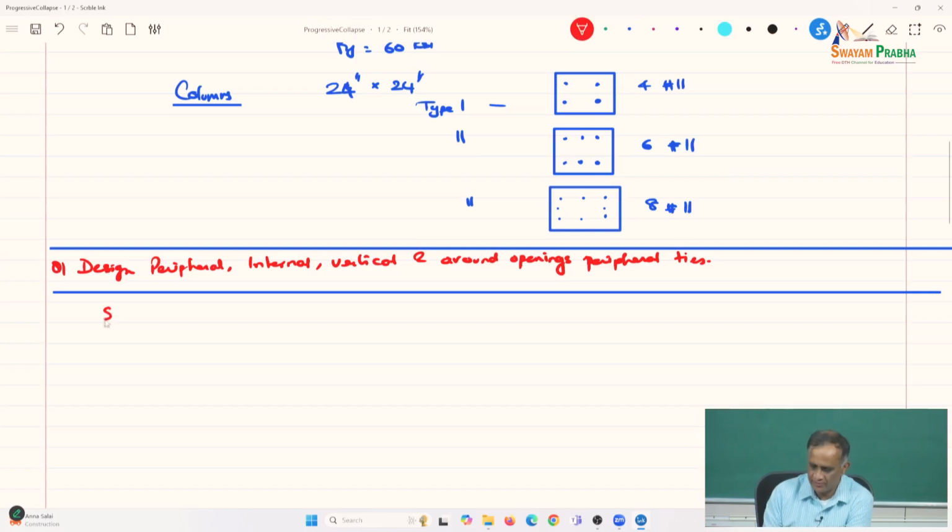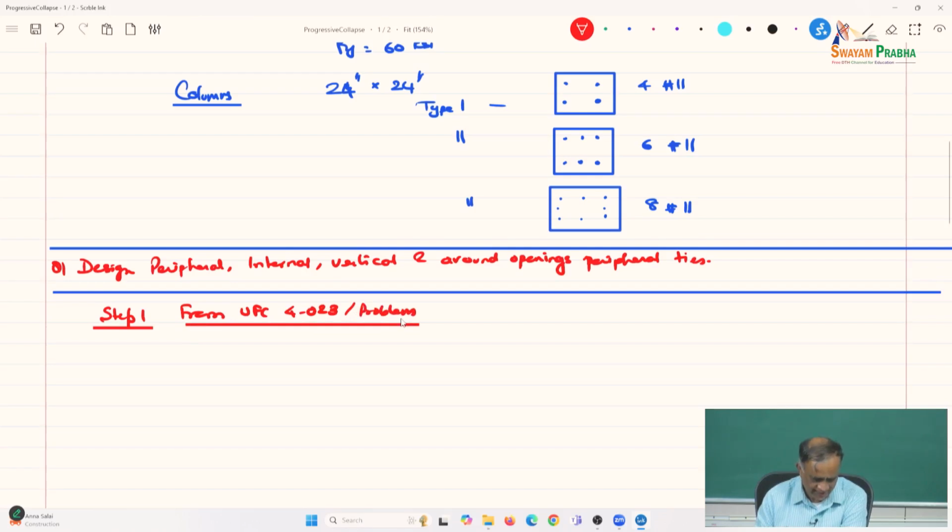So first step you would do here is from UFC 4-023 problem, you gather the following data. So we have the directions defined, so this is your longitudinal and let's say that's your transverse.